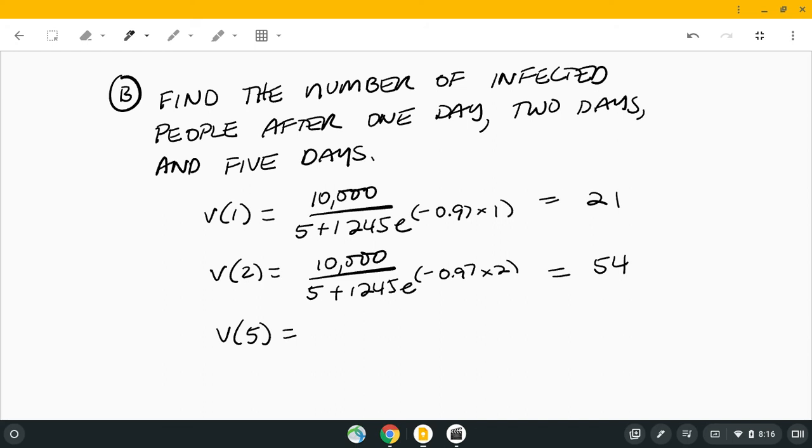And after 5 days, with 1,245 e to the negative 0.97 times 5, it's at 678.